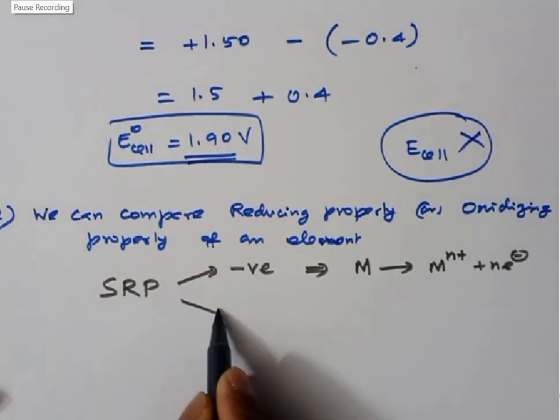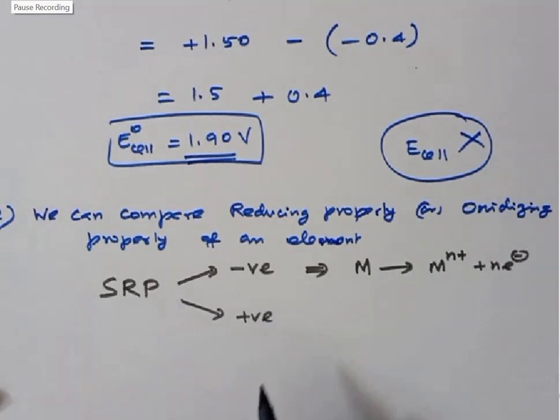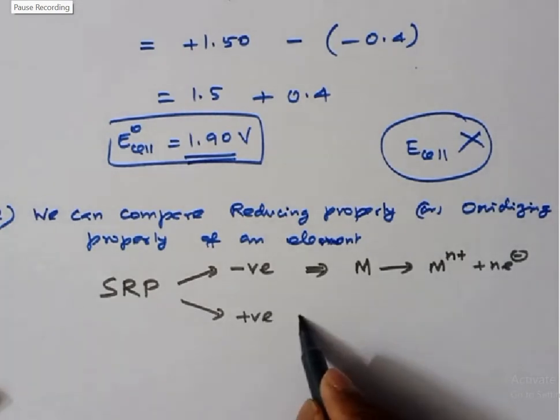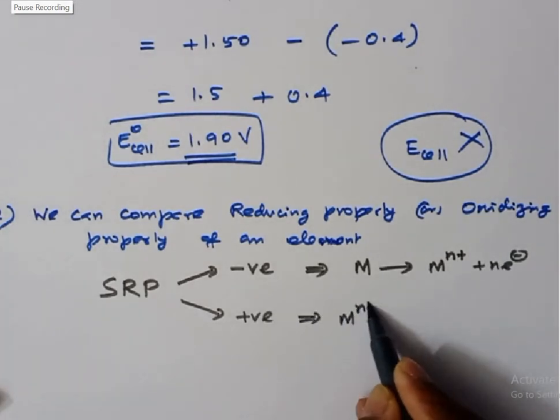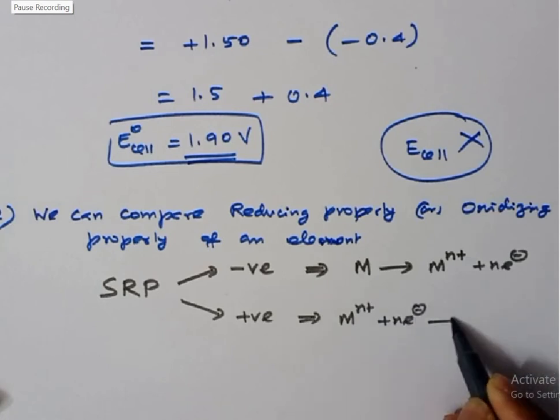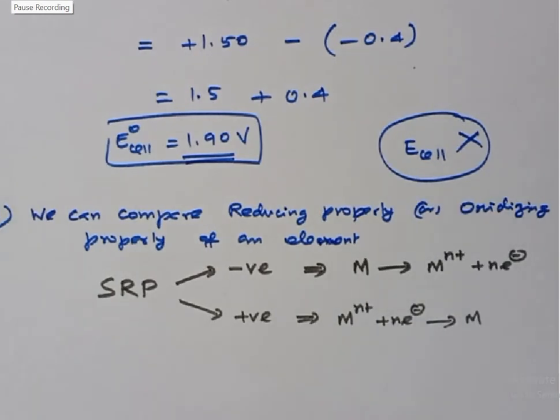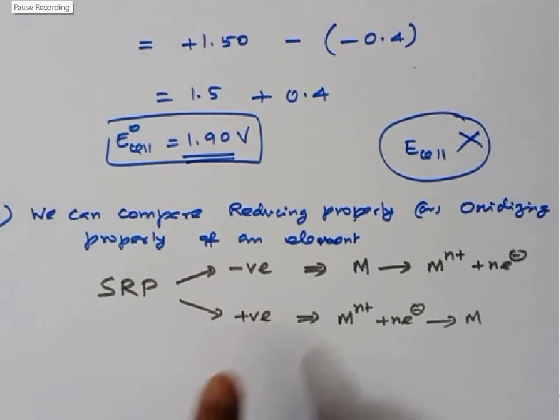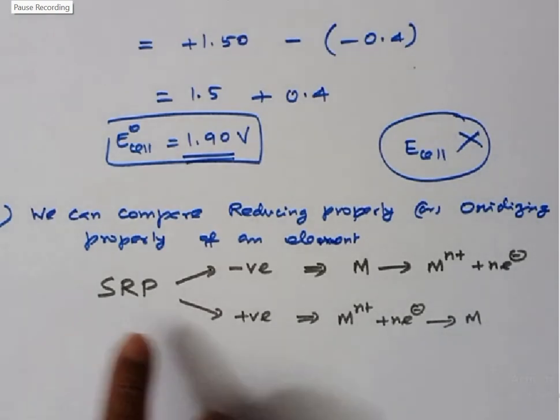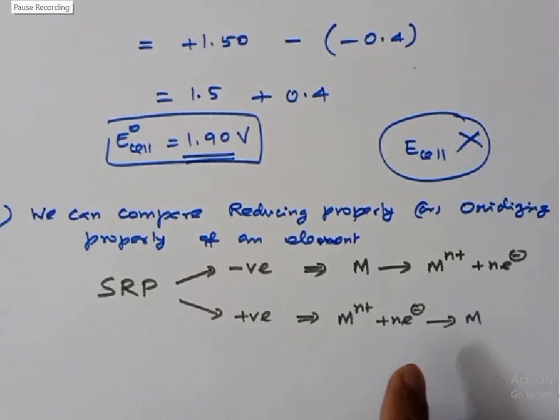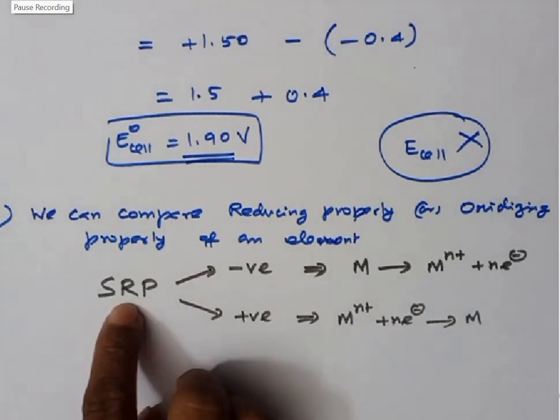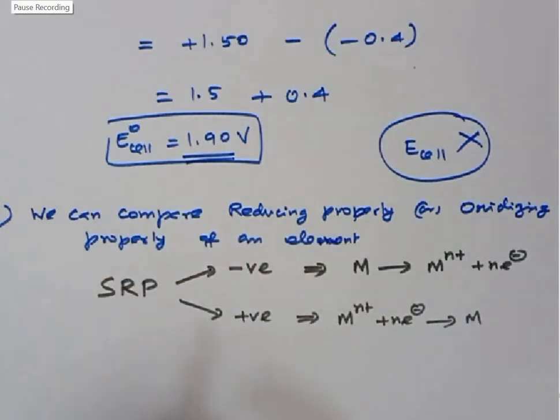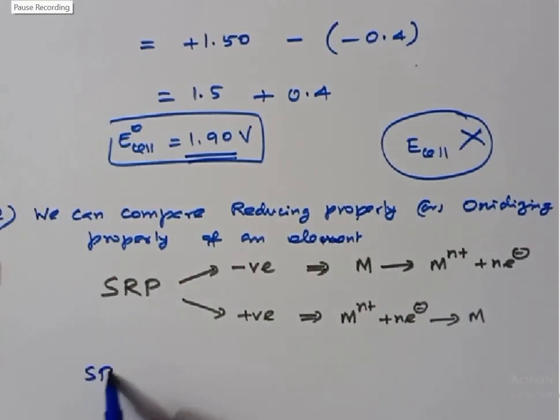If SRP value is positive, it means that the metal ion gains electrons and undergoes reduction readily. Very simple. If SRP value is high, then that metal ion undergoes reduction readily.